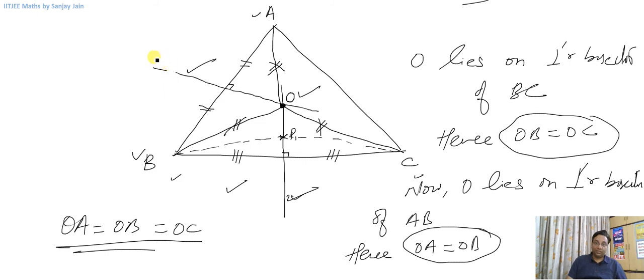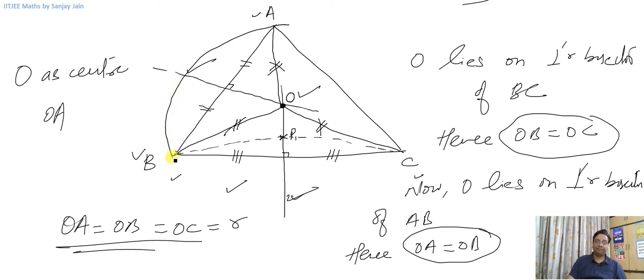Now if you consider O as your center and OA or OB or OC as your radius, then you will be able to draw a circle passing through A, B and C, having center O and radius OA or OB or OC.